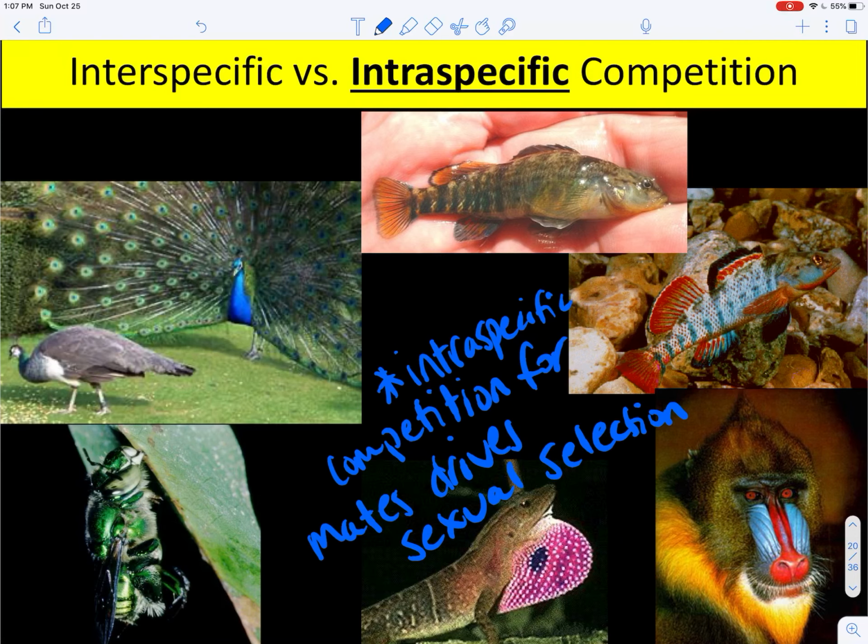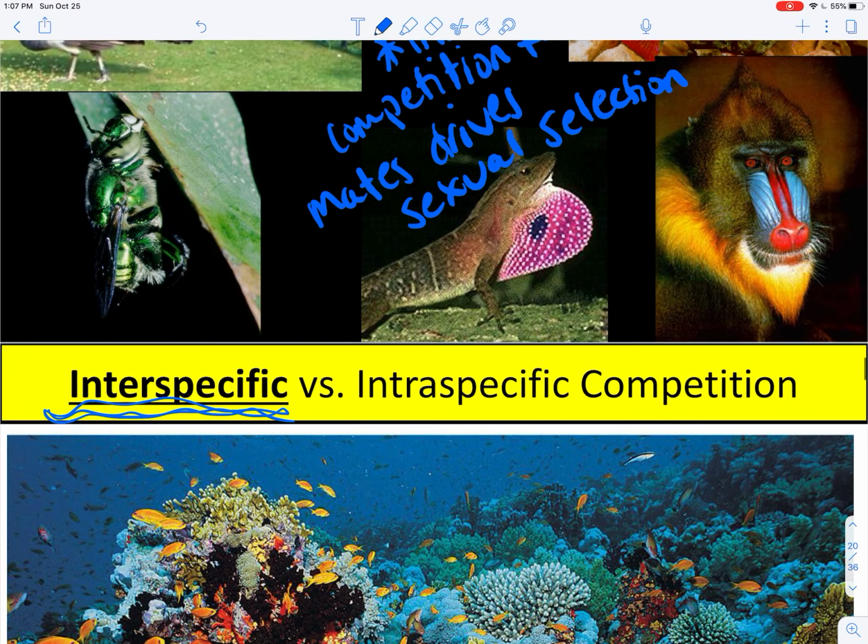So due to intraspecific competition, we see selection for specific traits in organisms or these secondary sexual characteristics that ultimately increases their fitness.